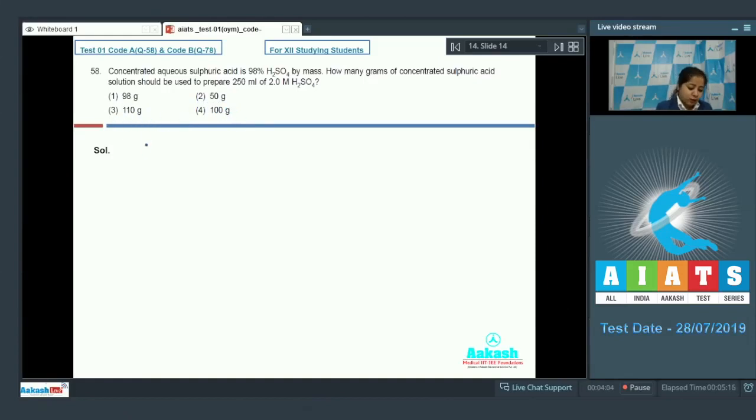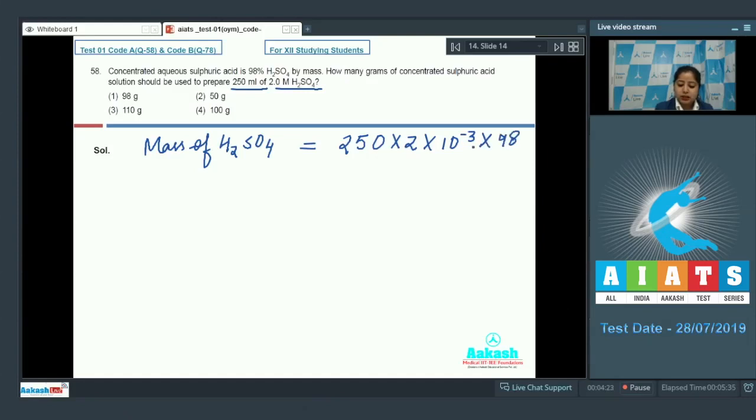For this question, we need to calculate the mass of H2SO4 which is required to prepare 250 ml of 2 molar sulfuric acid. We can calculate it by multiplying 250 by 2 × 10^-3 multiplied by 98, which ultimately equals 49 grams. We have already calculated that the mass of H2SO4 required is 49 grams.